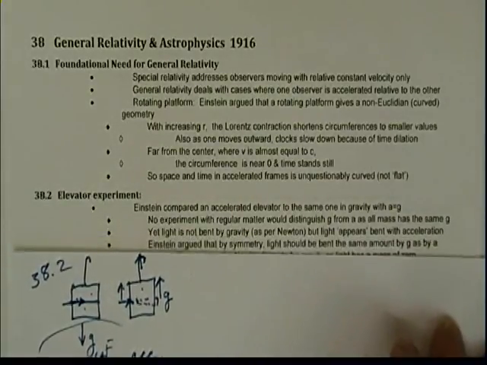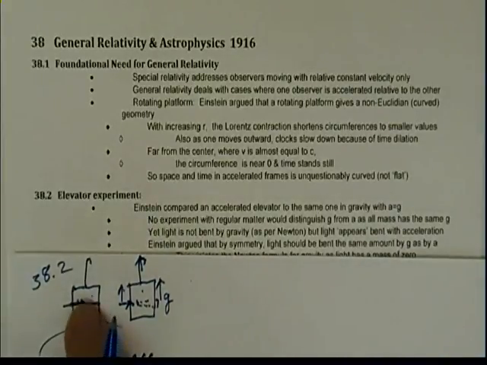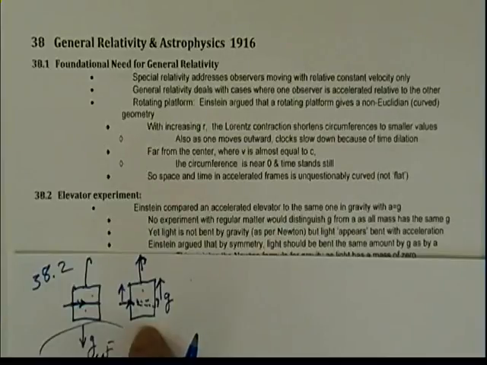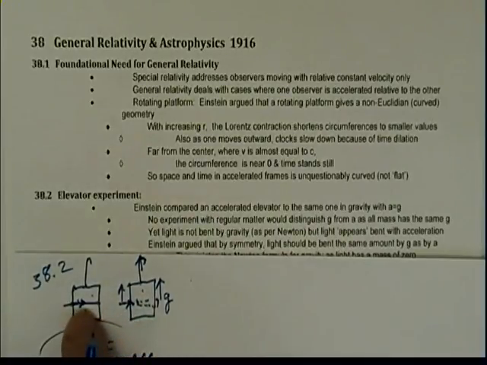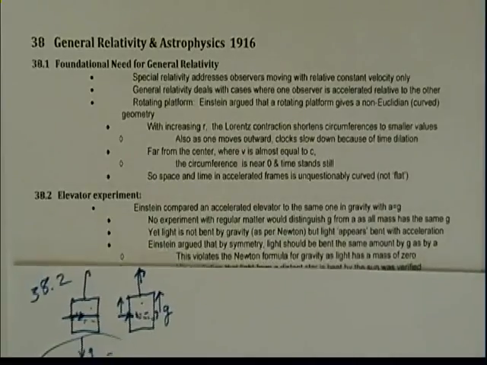But Einstein argued that by symmetry, since it's true for every particle here and every particle here, no matter what the mass or how small, and they all behave identically, and you can't tell the difference, he conjectured that light would be bent in the gravitational elevator by exactly the same amount that an accelerated elevator would present.